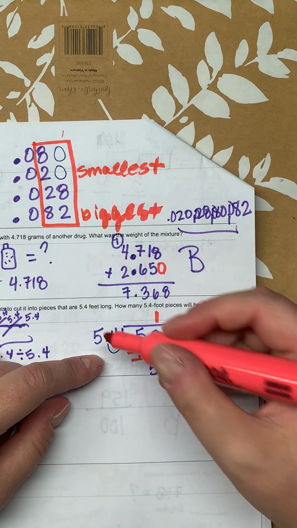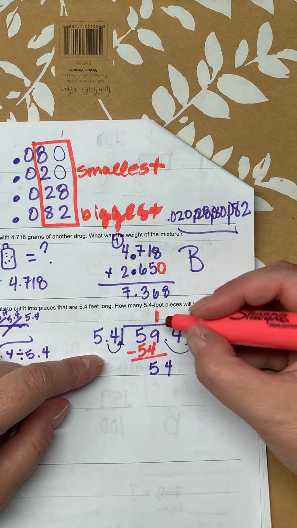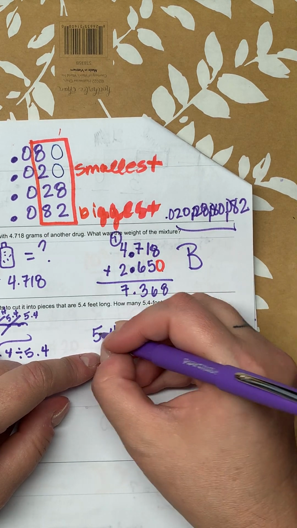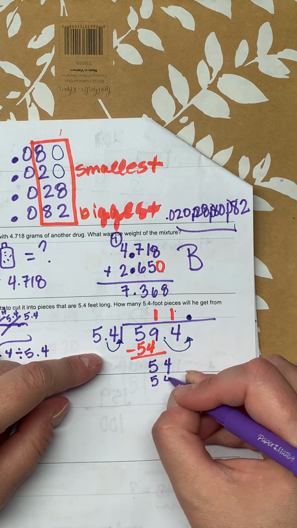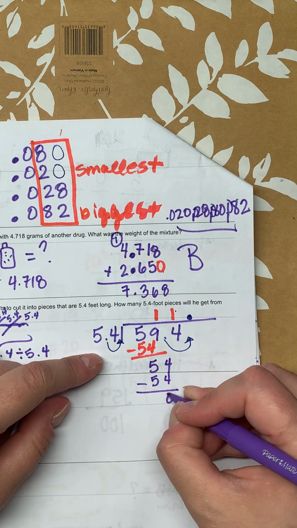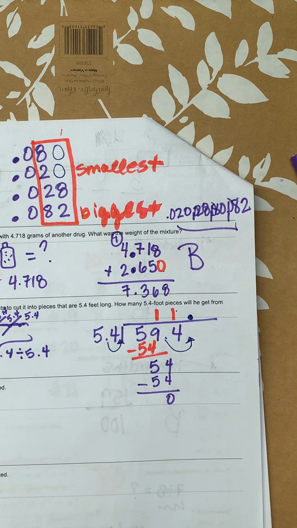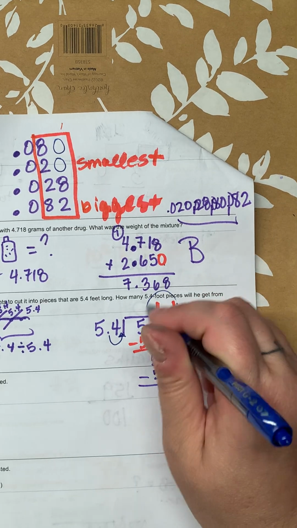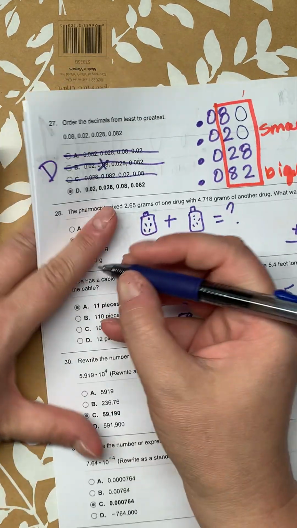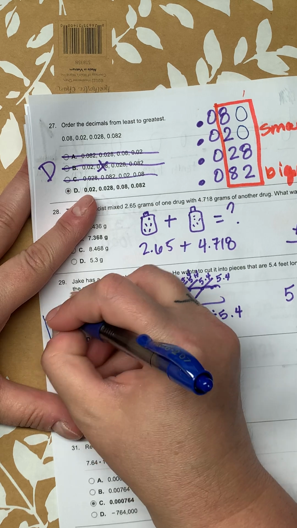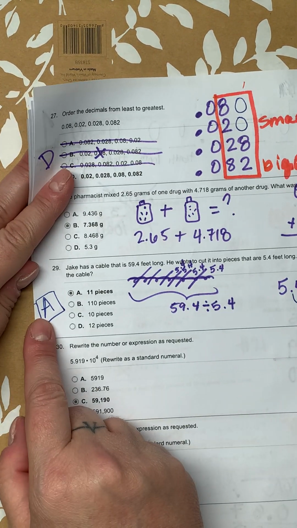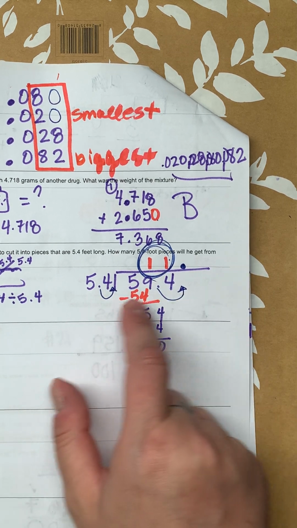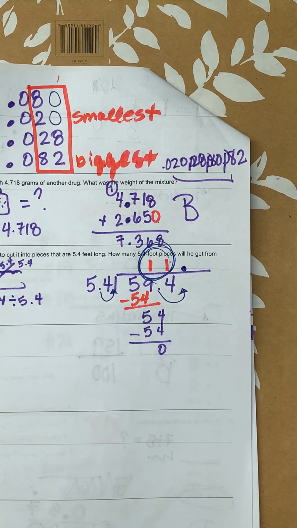Okay, how many times can 54 go into 54? Once. Subtract down. 1 times 54 is 54. Subtract down. 0. Okay, so the question was, how many pieces did he cut it into? He cut it into 11 pieces. So the part that you're going to forget on that one is maybe the whole moving the decimal thing. You have to do it inside and outside.